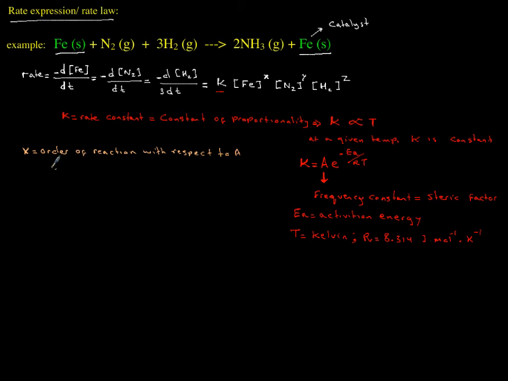So if they ask you to define it, it's simply an exponent. It's a mathematical term. Exponent or power by which the reactant A changes concentration. Exponent by which A or concentration of A changes or affects the rate.